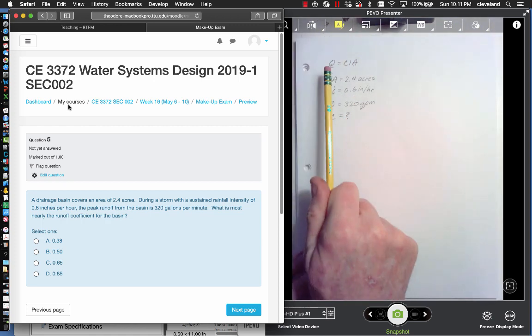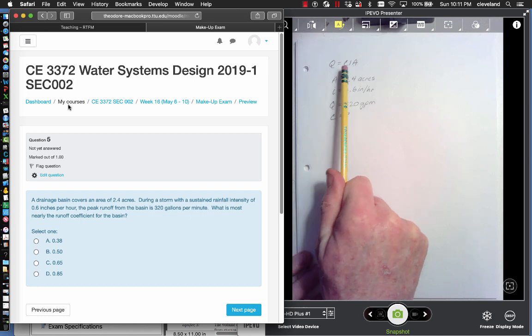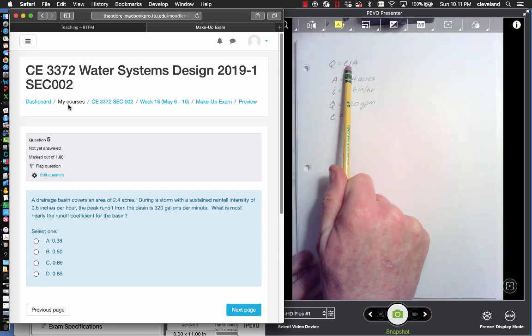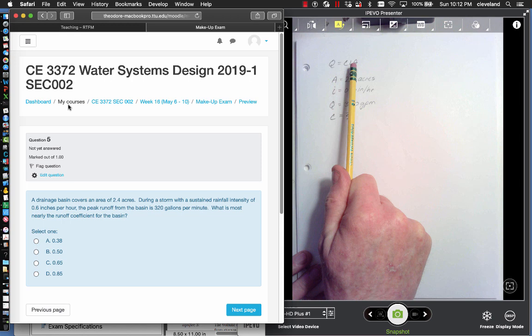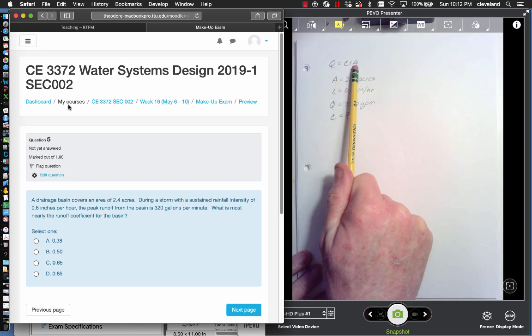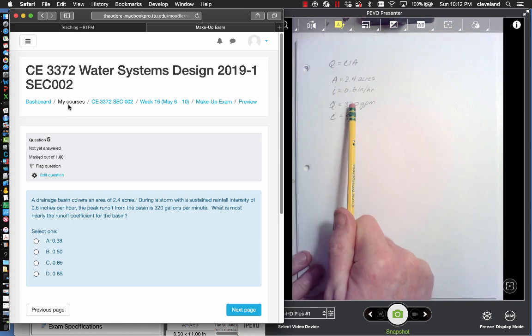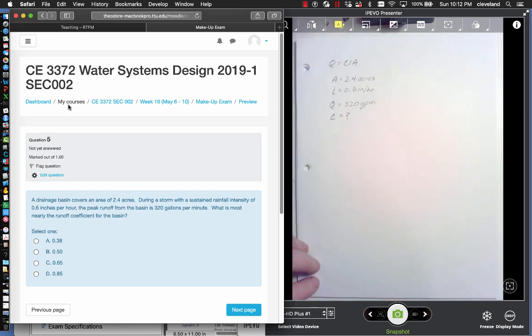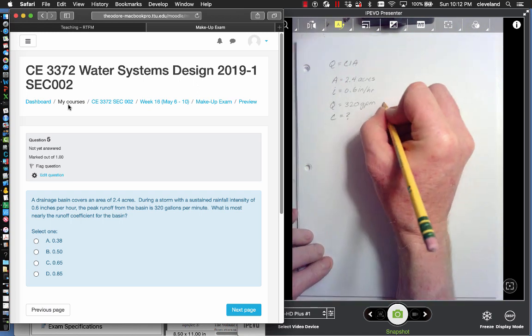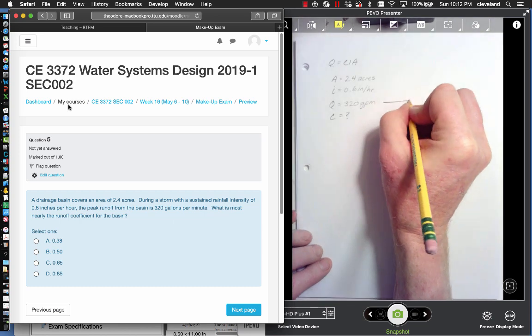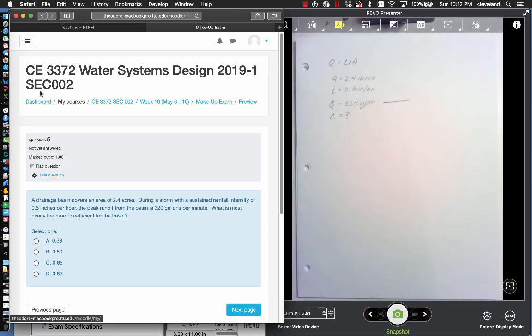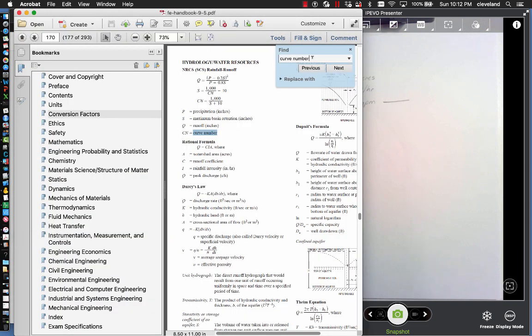But the rational formula is specific in that a product of intensity in inches per hour and area in acres produces discharge in cubic feet per second, but we have it in gallons per minute. So we're now going to have to convert gallons per minute into cubic feet per second. If we return to our supplied reference, let's see what we can get.